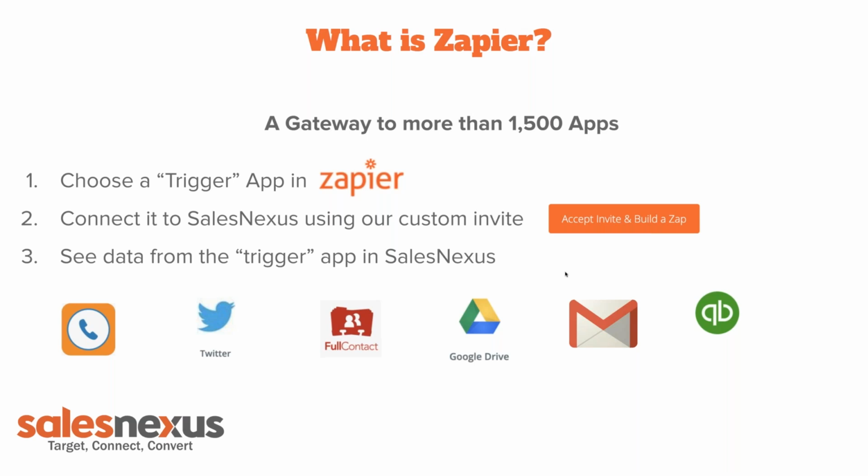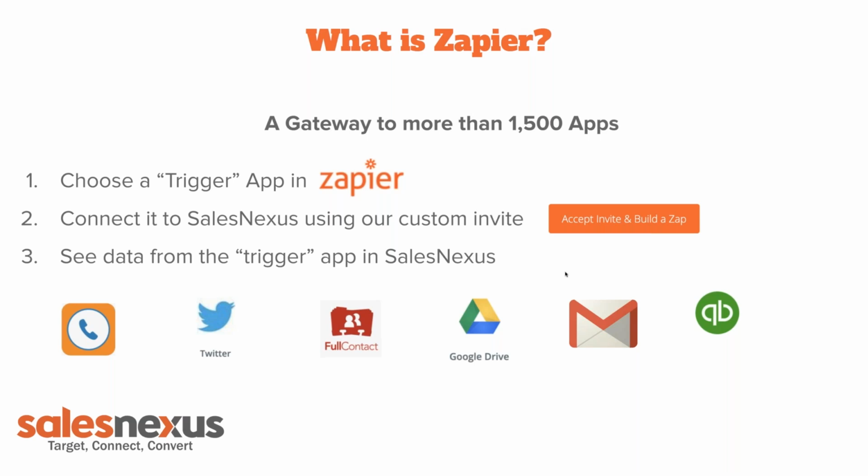So these companies take their API and expose different areas of the API so you can connect them together. An example would be, you take a Google Sheet and say, anytime somebody adds a new row, I want to have a new contact added to SalesNexus, or maybe a new activity added to SalesNexus.